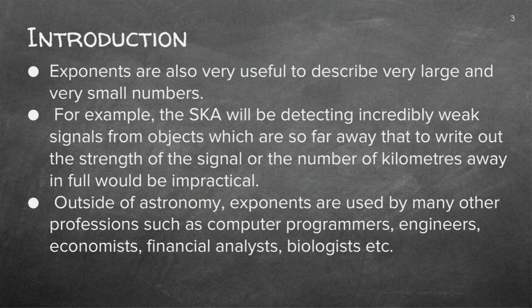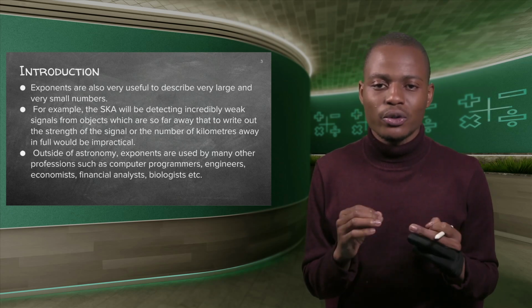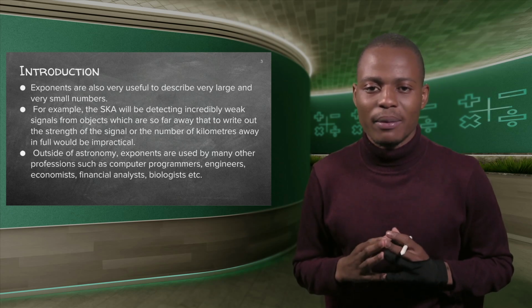So exponents are also very useful to describe very large and very small numbers. So we make use of exponents to describe very huge numbers and also to describe very small numbers.